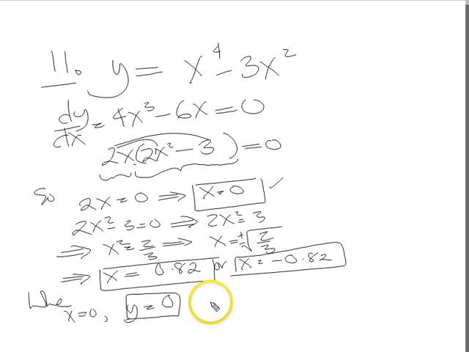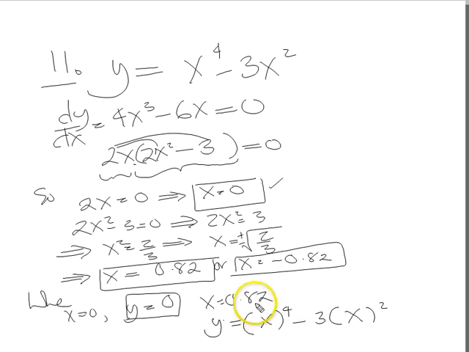So when x equals 0.82, now y will equal, well, you've got x to the 4, put a bracket around that, minus 3 times x squared. Now our x input value is 0.82, so let's just put that in here instead of x, and here let's write that in. So it's 0.82 and 0.82.